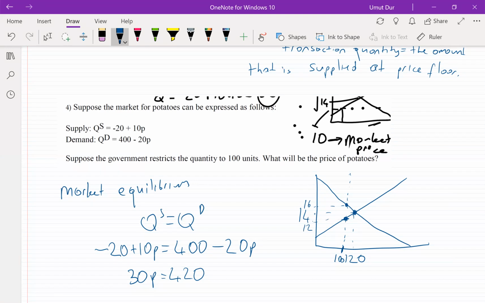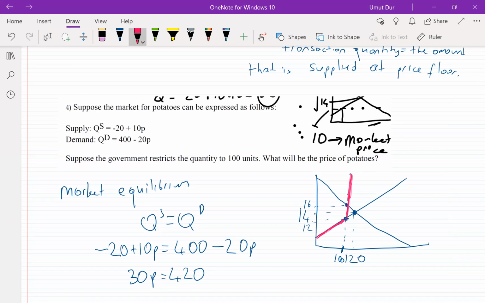The point is that I now have a supply curve. Up until this point, where the quantity is restricted, I will have the actual supply curve, but after that I will have a vertical supply curve.